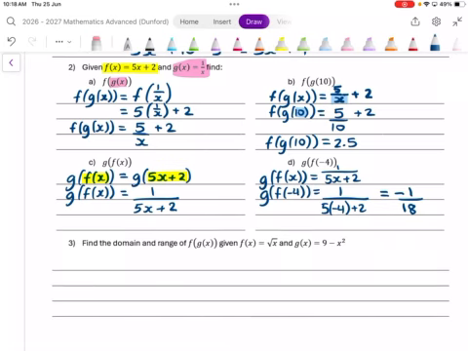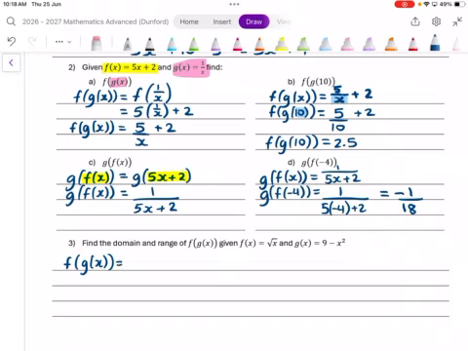All right, the last example here before you have a go independently is we want to find the domain and range of f of g of x, given that f of x equals the square root of x and g of x equals 9 minus x squared. So we have f of g of x.